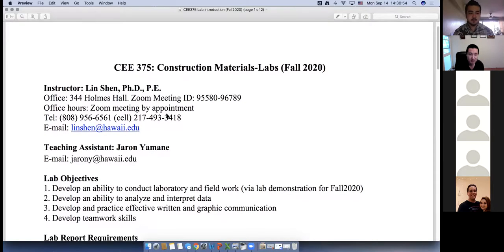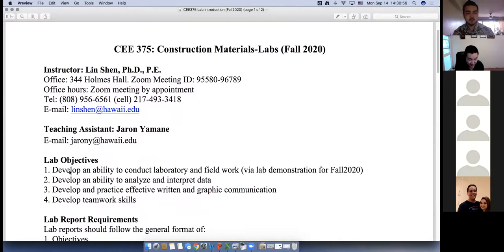For construction material labs, the objectives are to develop the ability to conduct laboratory and field work. But of course, for this semester, we can only do that from lab demonstration. It is also very important to analyze and interpret data.